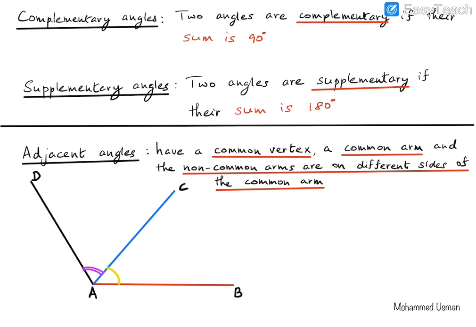So let us write that angle DAC and angle CAB are adjacent angles.